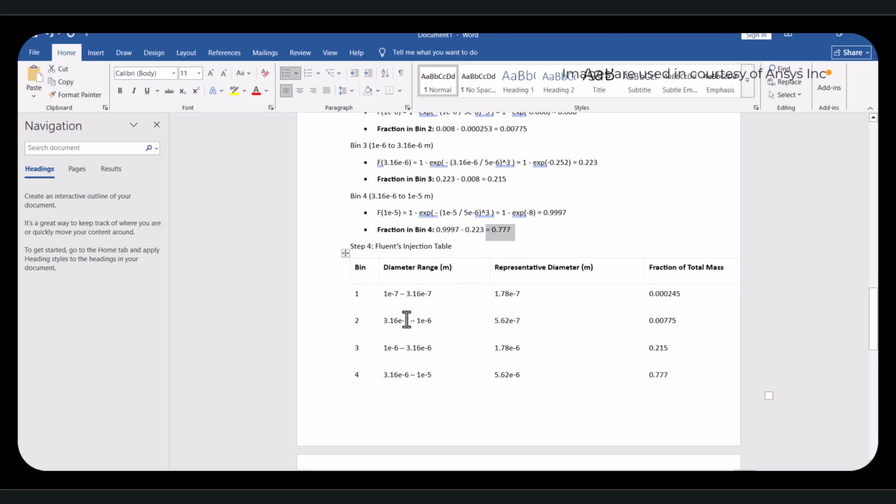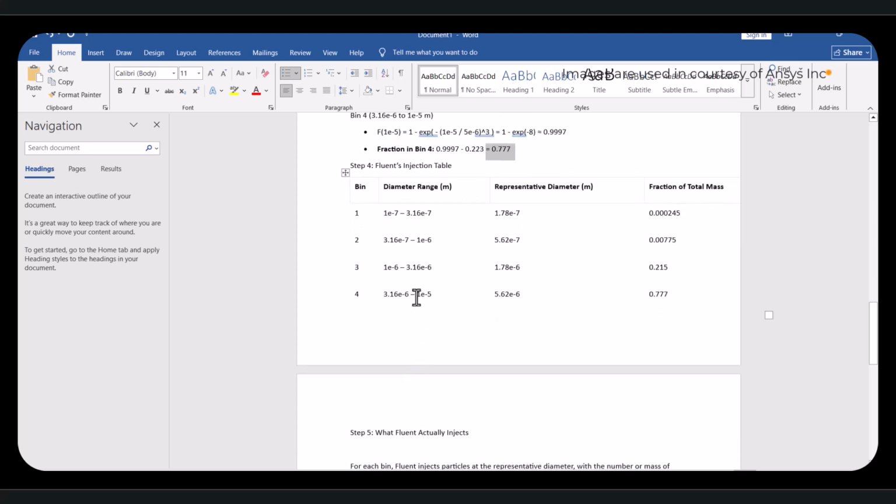You can see here, right? Even though you mentioned 1e-7 and 1e-5 as your minimum and maximum, the average particle size in each bin will not be the same value. You can see, this would be the average of these two, 1.7e-7, right?